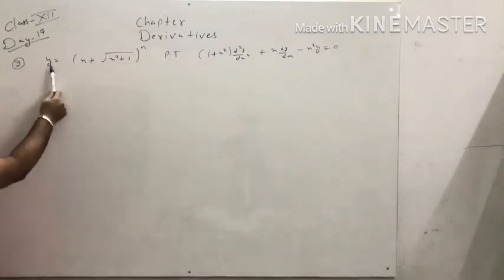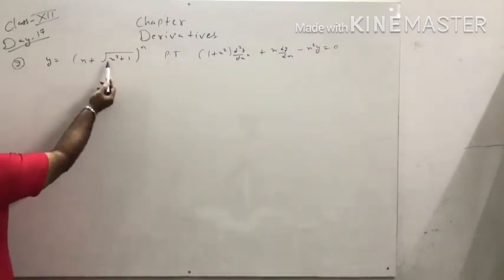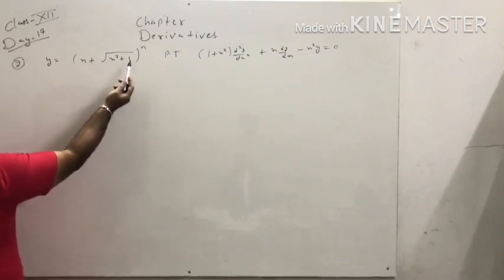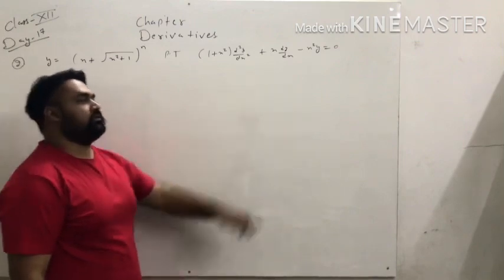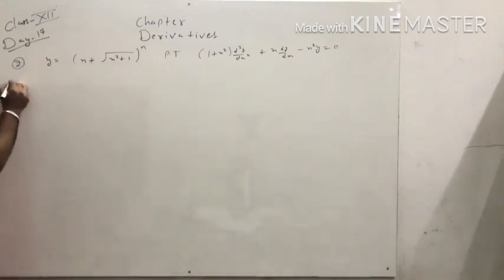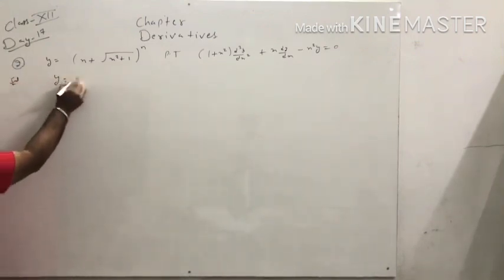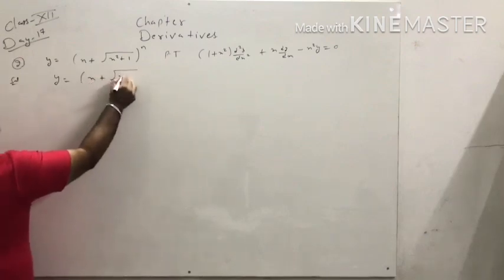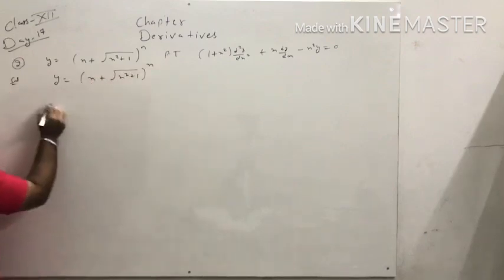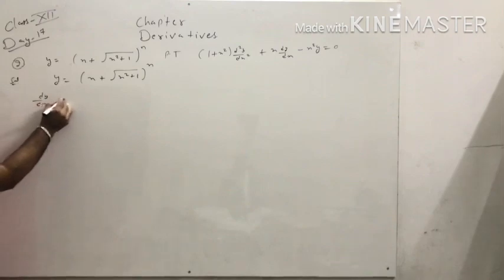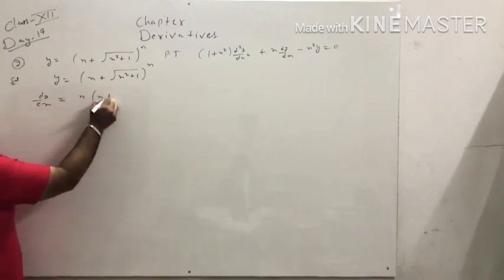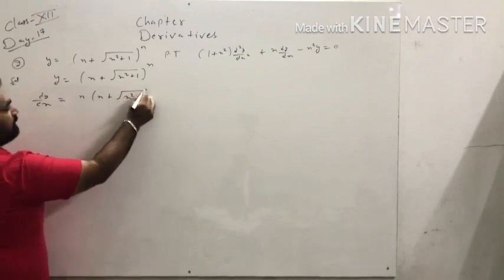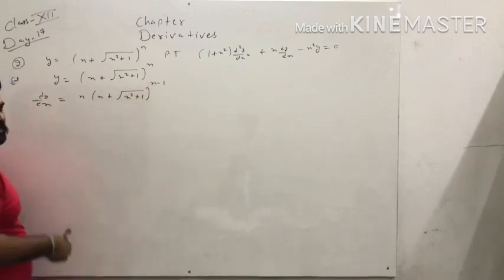Second question is y equals x plus root x square plus 1 whole raised to power n. We have to prove the value of this equation equals 0. So solution, y equals x plus root x square plus 1 whole raised to power n. So differentiate with respect to x. First of all, the derivative of power n, x plus root x square plus 1 whole raised to power n minus 1.